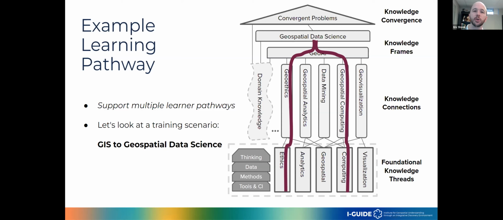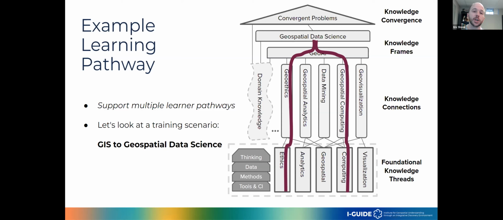A reasonable pathway that we would anticipate would be that these learners would already have expertise in geovisualization, geospatial data and spatial thinking, a lot of analytics. So you've already had experience with geospatial analytics. However, GISers and geographers tend to be a little bit weaker on the computing and geospatial computing side, as well as the ethics and geoethics.